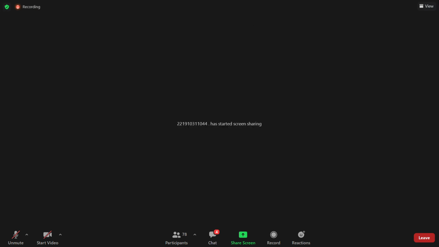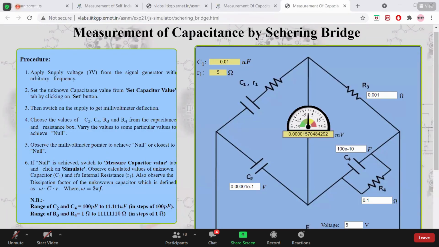Students, share. Yes. Very good. CSC 1144. Yes, sir. Explain your experiment. The main aim of the experiment is to find the unknown capacitance, and this has 3 capacitors and 3 resistors, and the input used here is AC, alternating current.